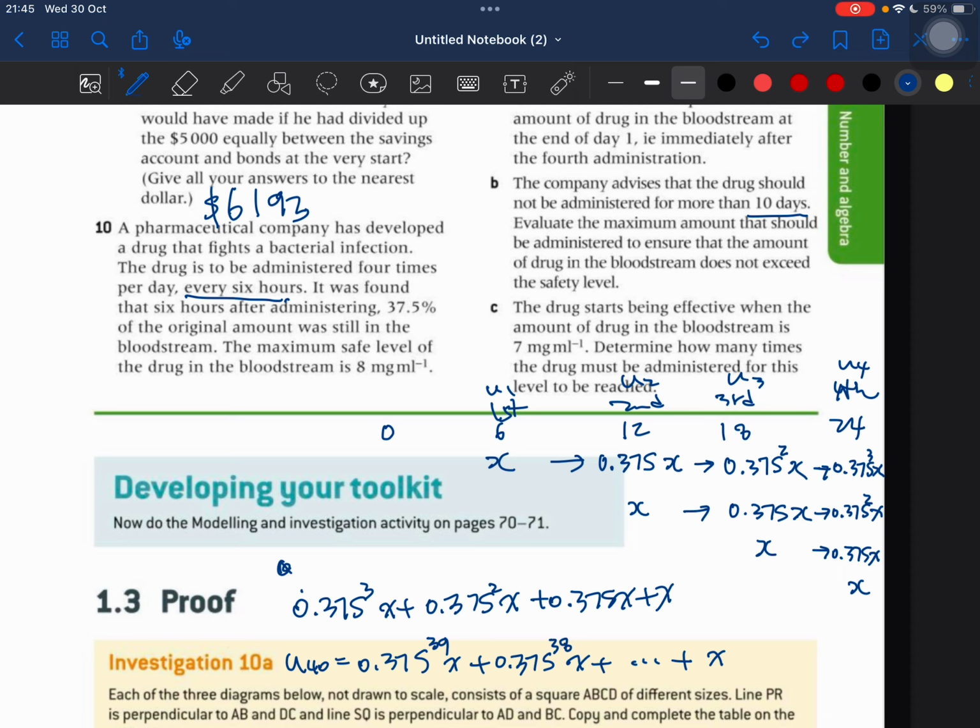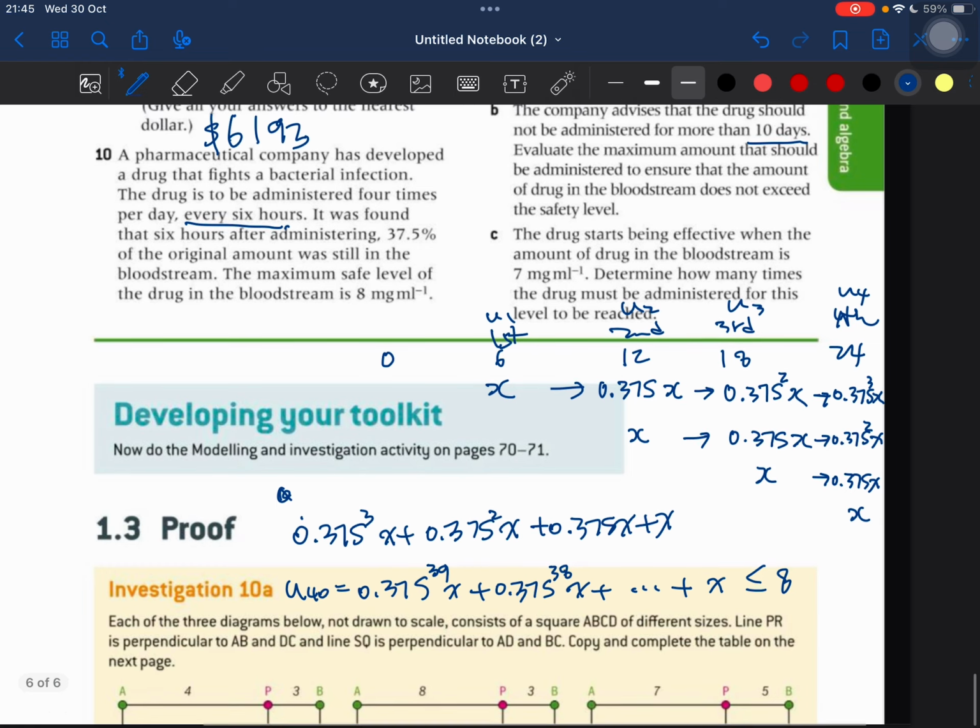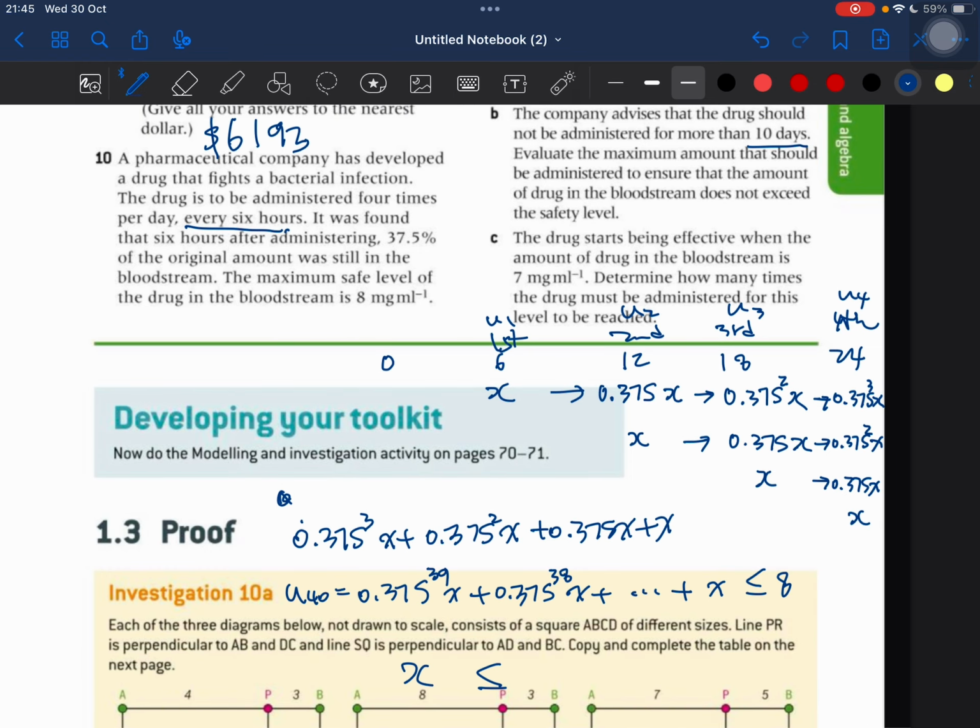So we need to calculate this one. I will consider the first term as x, and the ratio is 0.375. So x times 1 minus 0.375 to the power of 40, over 1 minus 0.375, should be less than or equal to 8.